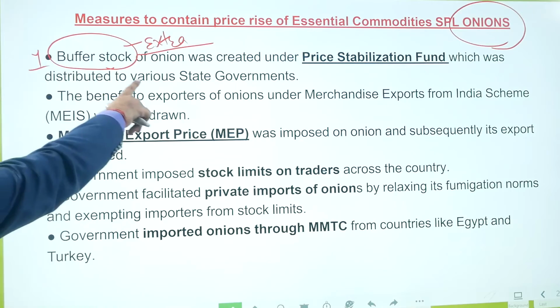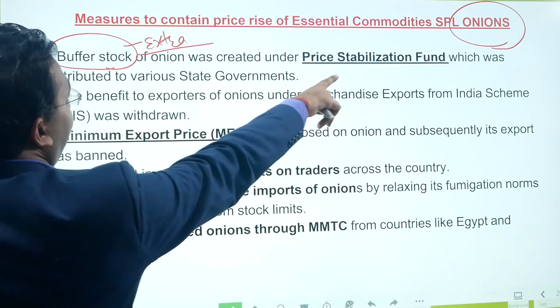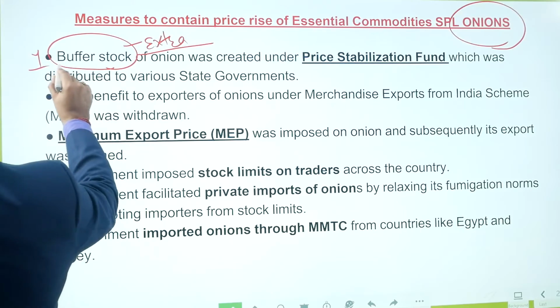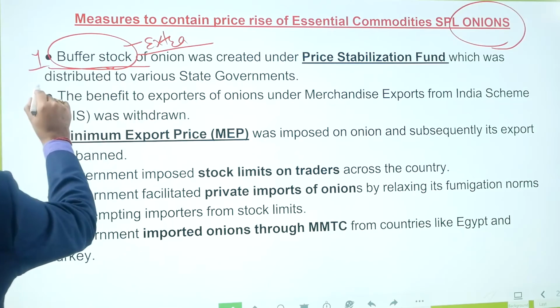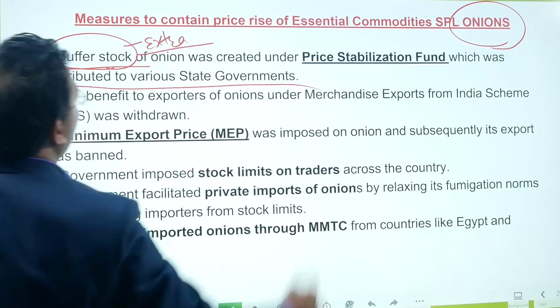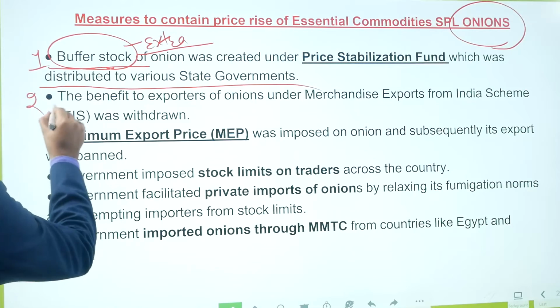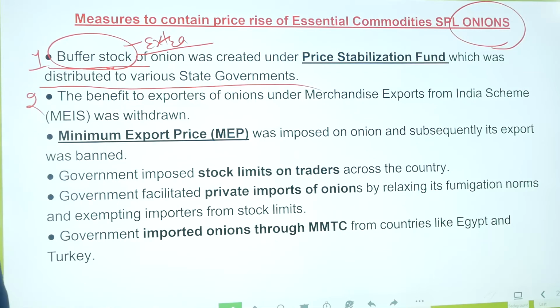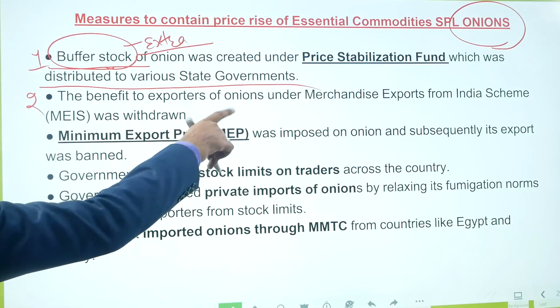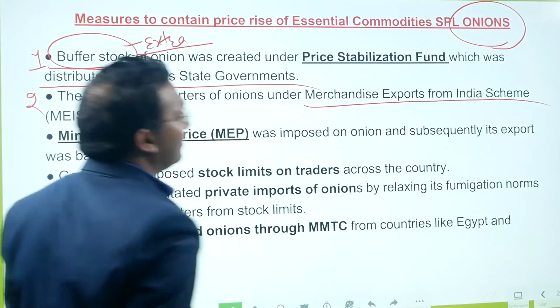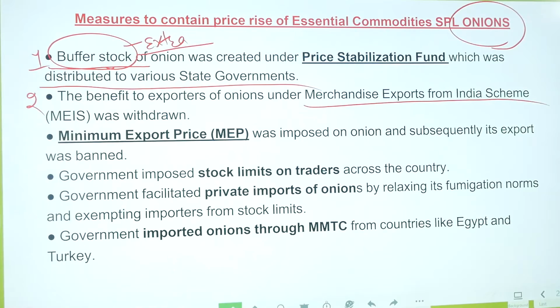So buffer stock of onion was created under the price stabilization fund, which was distributed to the various state governments, right? So the onions from this buffer stock were distributed to the various state governments and they further distributed to the consumers. Number two, the benefit to exporters of onions under the Merchandise Export from India scheme. This is a scheme of the government to promote the exporters.